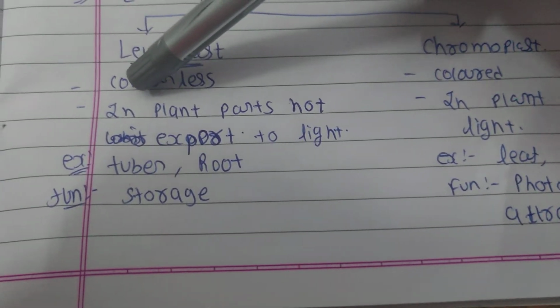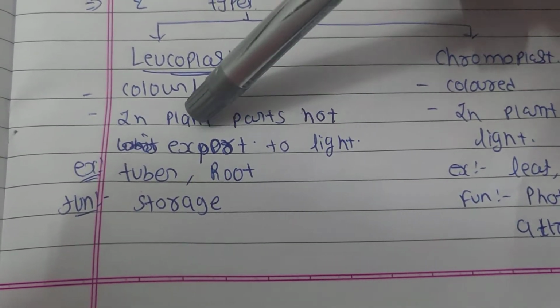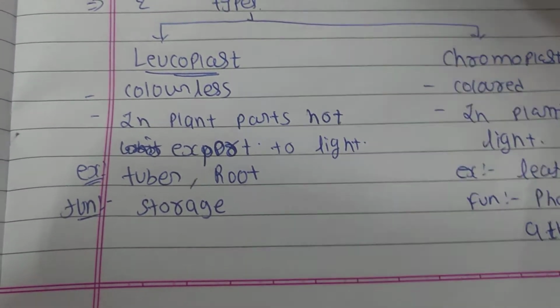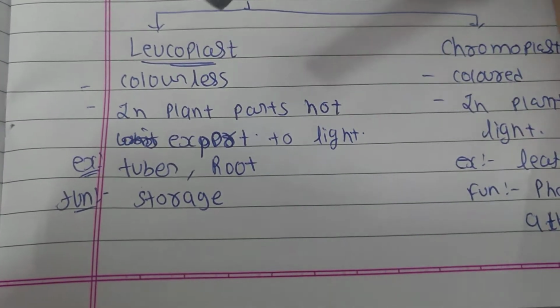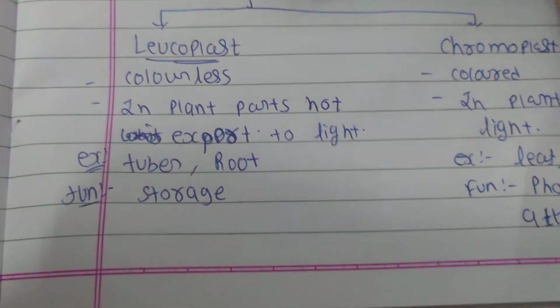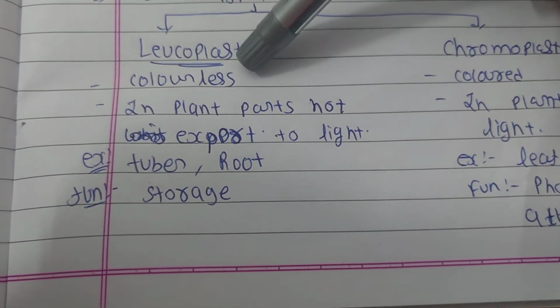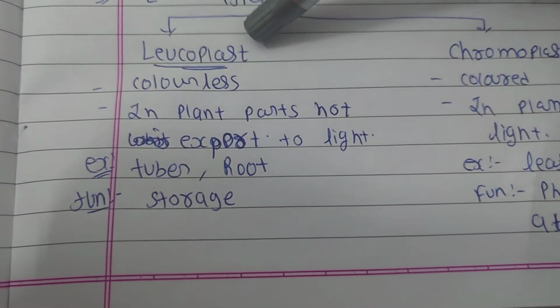Leucoplasts are present in the plant parts which are not exposed to light. Where sunlight is not required, that part of the plant has the leucoplast. What is the function of leucoplast?